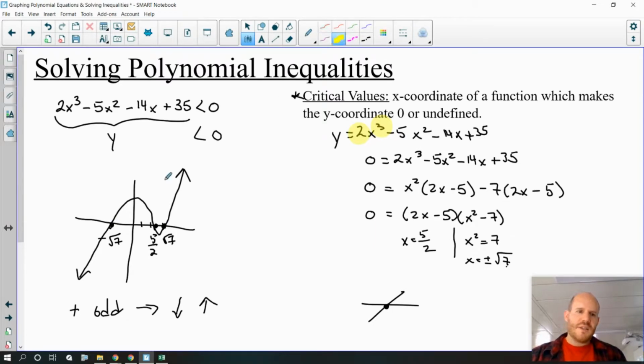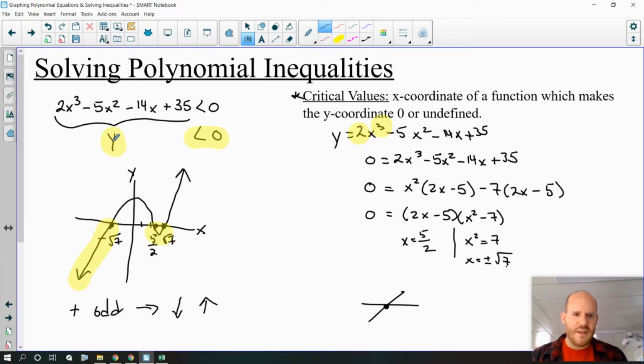Once I have it sketched, this is the graph of x values along the horizontal and y values along the vertical, so I can see that the y values are less than 0 anywhere to the left of negative rad 7 or between 5/2 and rad 7.